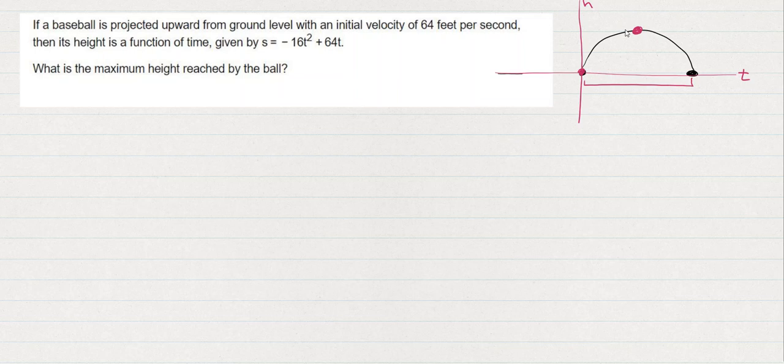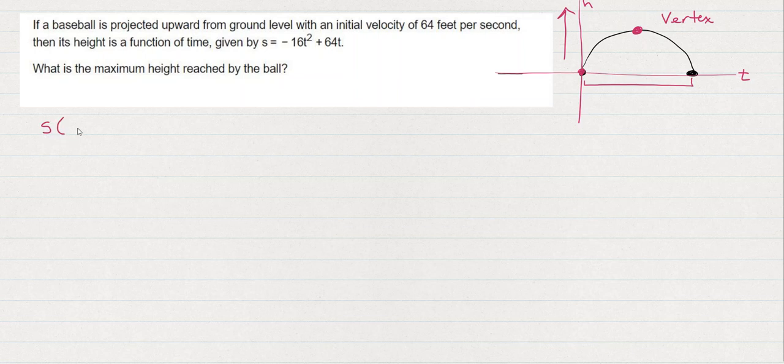Do you see that as a parabola? That this maximum is represented by the vertex. So really a fancy way of saying what this question is asking would be to say find the y value of the vertex. Find the y value of the vertex.